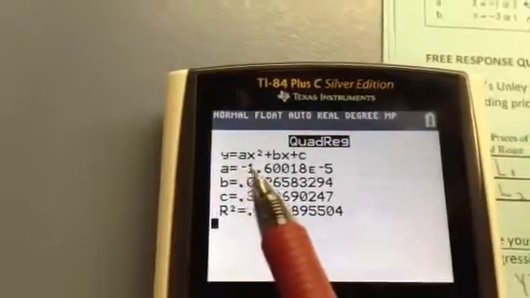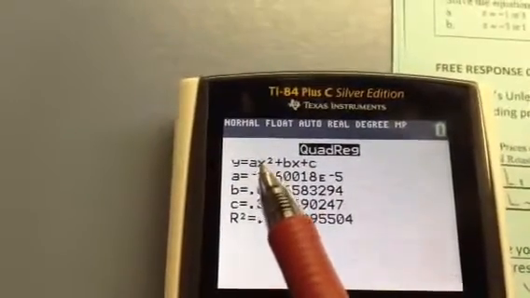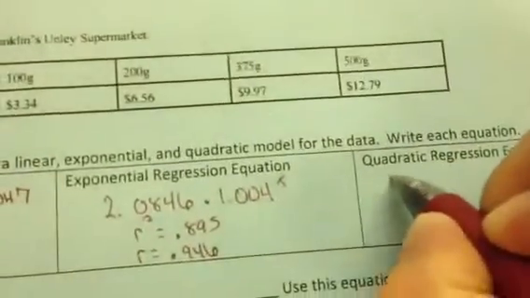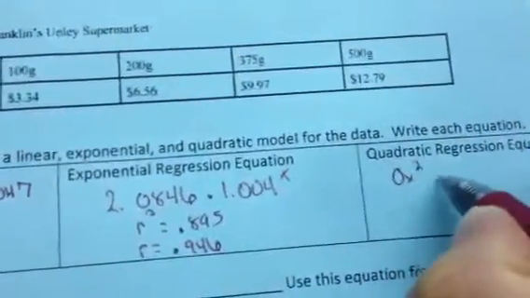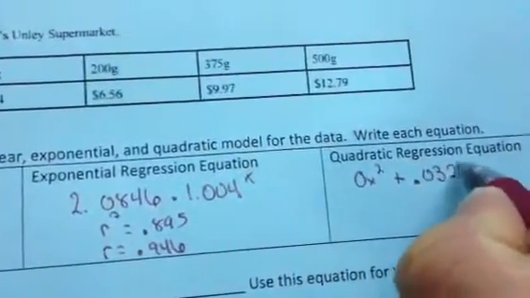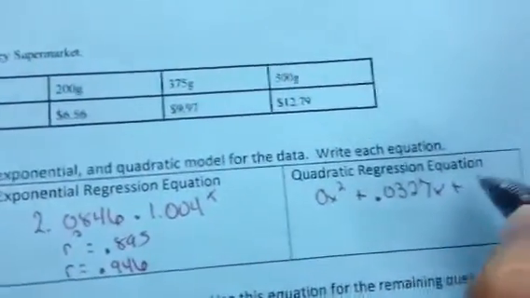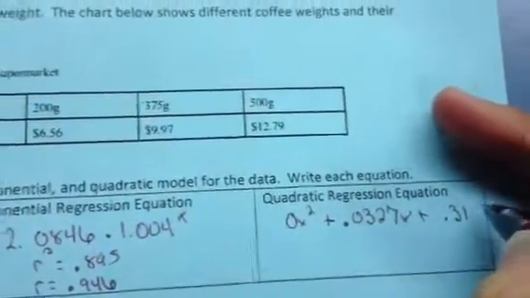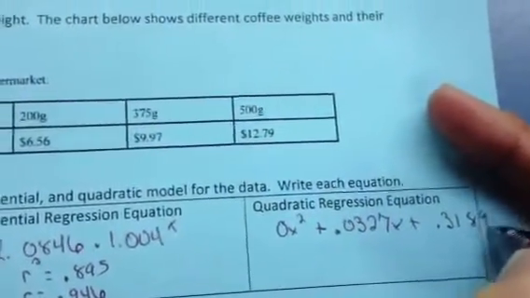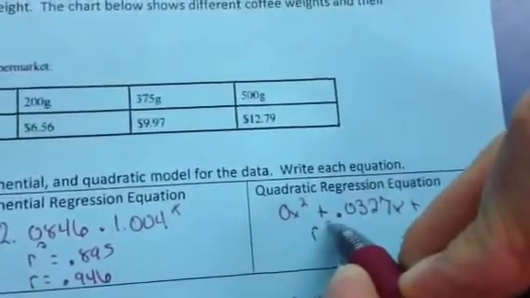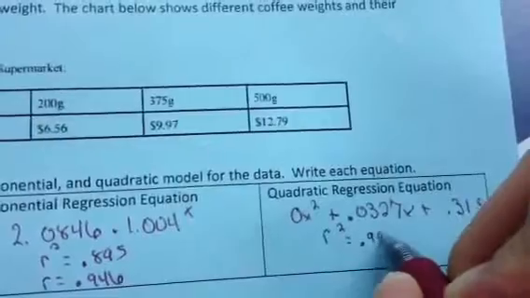So A is pretty much 0, and when I take 0 times x squared, there is nothing here. So I'm just going to go ahead and write 0x squared, but realize I wouldn't even have that term, plus my B and my C. And this is just me rounding the decimals. And again, R squared is 0.996.